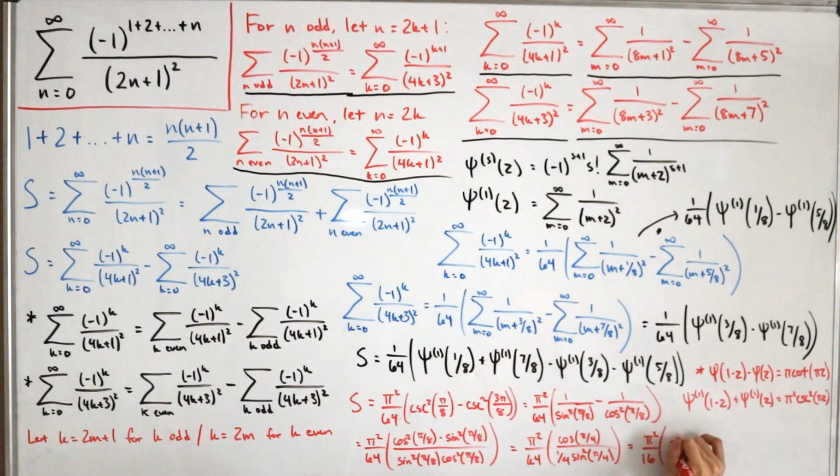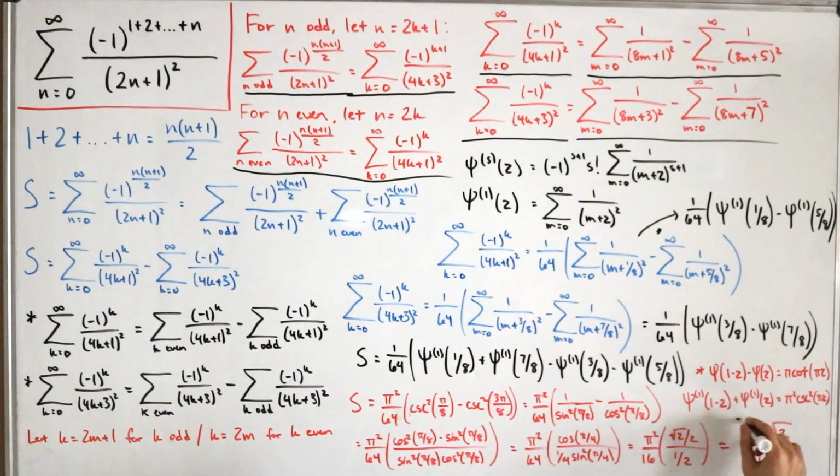Let me put it this way: I'll write this as the square root of 2 divided by 2, and on the bottom is going to be 1/2. And so the 2's will cancel, and we're left with our final answer of pi squared times the square root of 2 divided by 16. And just like that, that is our final answer for this special alternating sum.